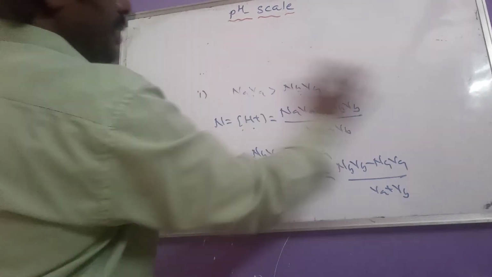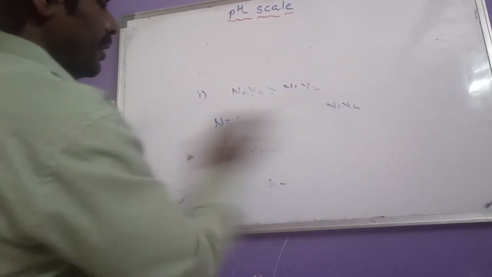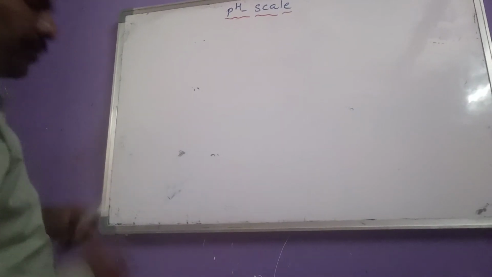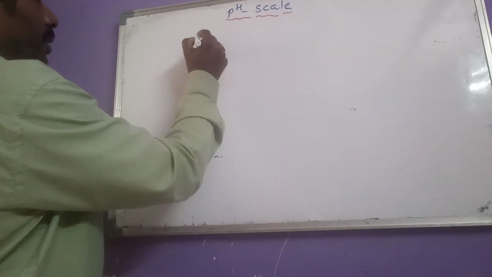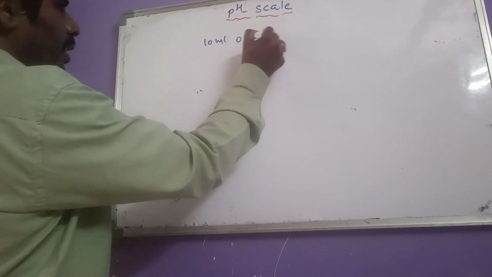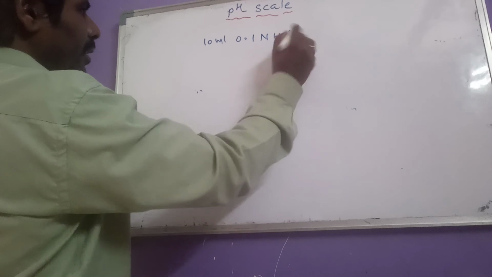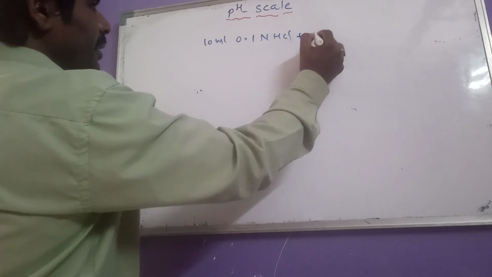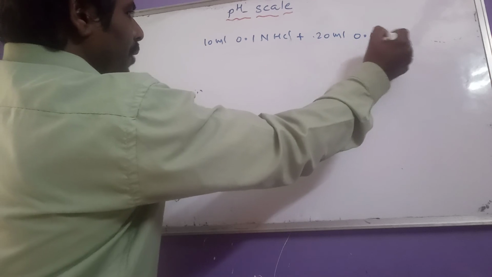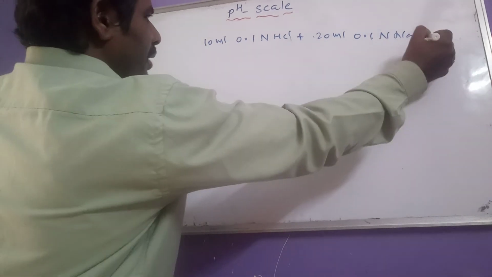Let us see one example of this type of question. For example, 10 ml of 0.1 N HCl is mixed with 20 ml of 0.1 N NaOH.